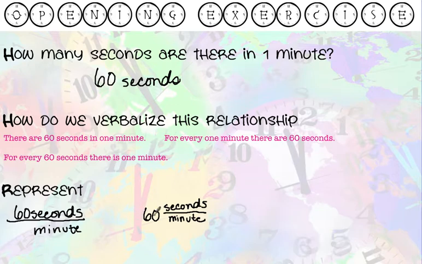So if we had 60 seconds per minute, would that be the same thing as saying 60 seconds for every 1 minute? Since they would be the same thing, we know that these two things are the same: 60 seconds per minute or 60 seconds for every minute. So if we pull the 60 out, it doesn't make it different. It's just a different way of visualizing it.